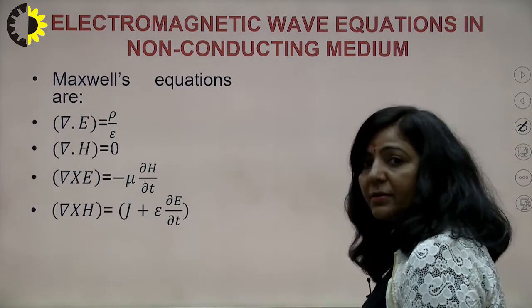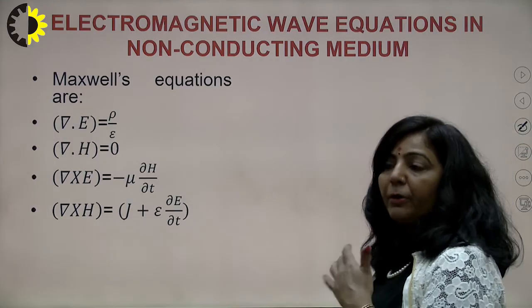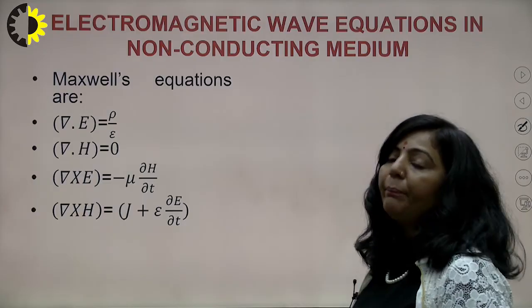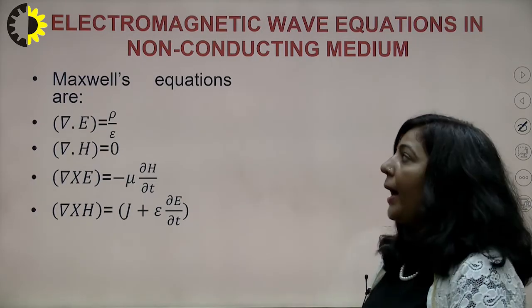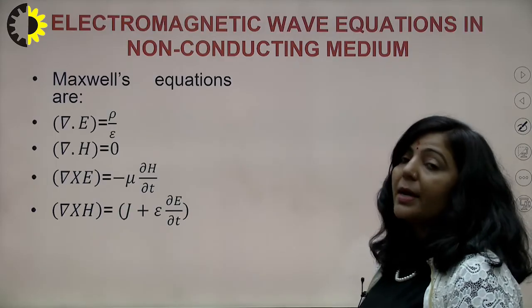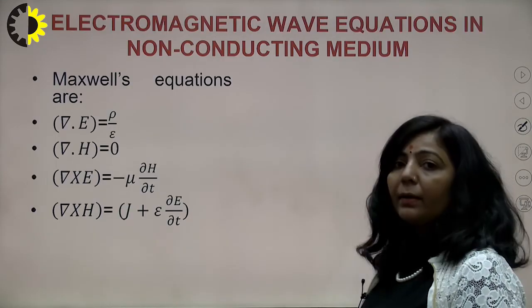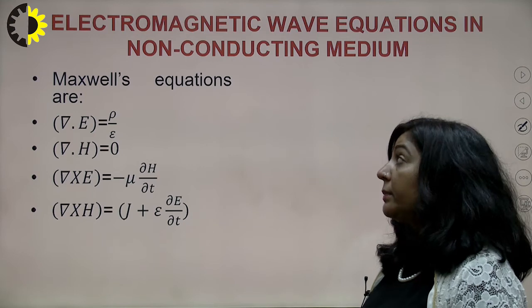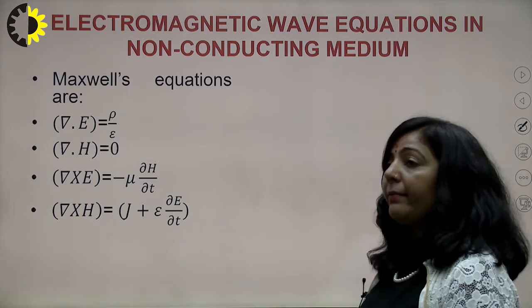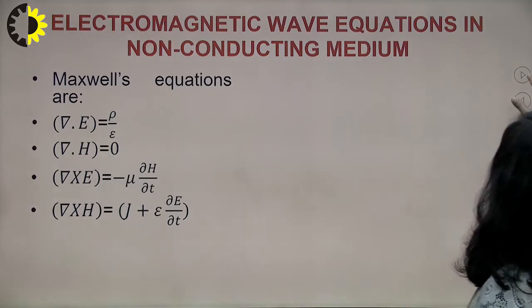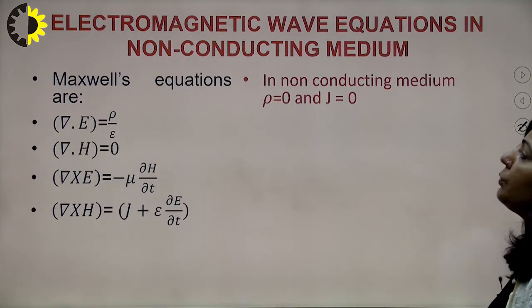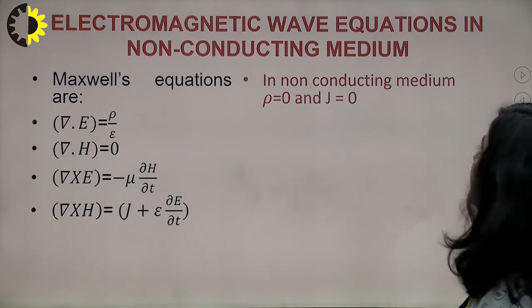In a perfect isotropic dielectric medium, the properties are the same in all directions, right? The volume charge density rho is 0 for a non-conducting medium, and since it is a non-conducting or dielectric medium, J is also 0 here. So there are two conditions which you have to substitute here: rho is 0 and J is 0. This is the non-conducting medium.